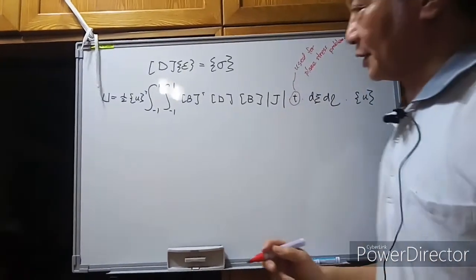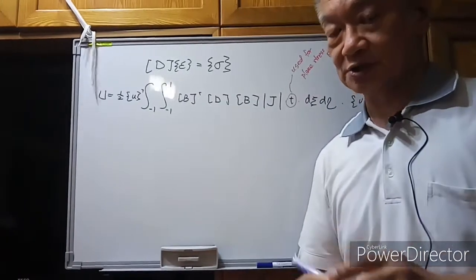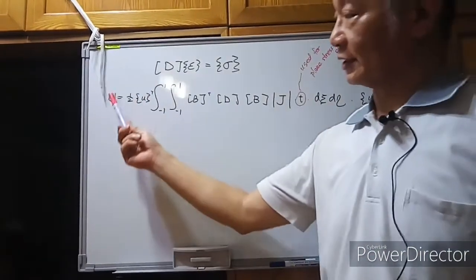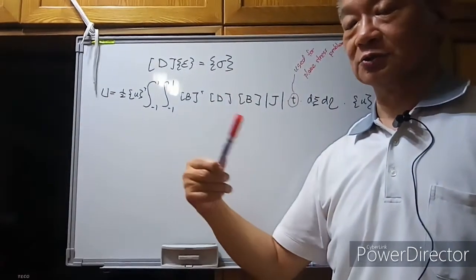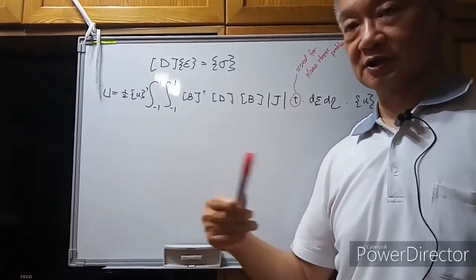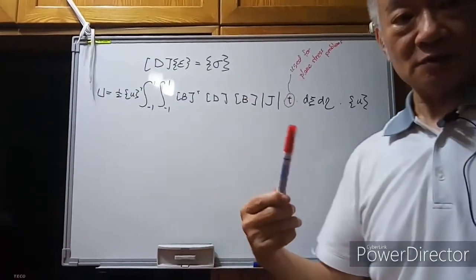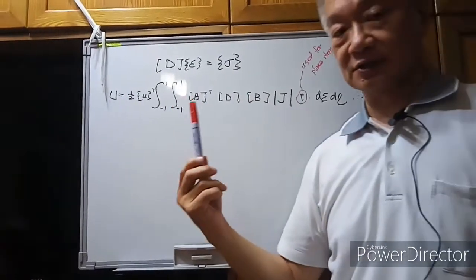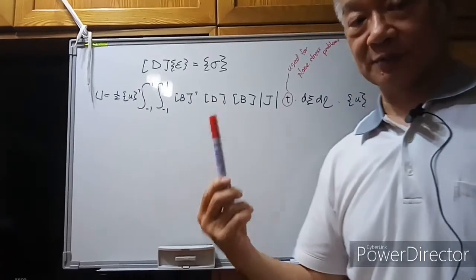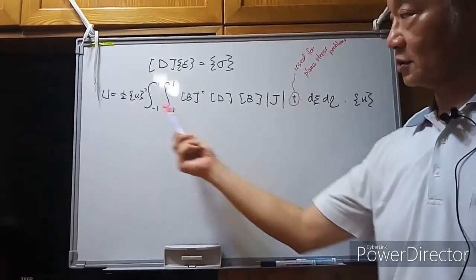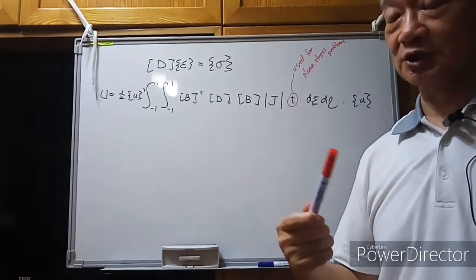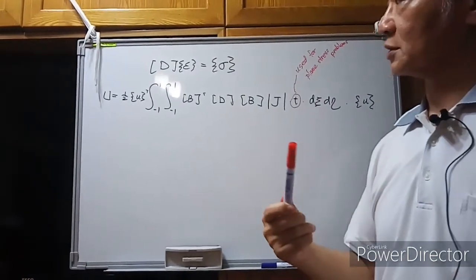So when we calculate the strain energy of the plane strain problems, remember, whenever we calculate the strain energy, we need to integrate over the entire volume. Even in this derivation, we consider the strain energy for a typical element. So that's the strain energy for only one element. It is not the strain energy for the entire structure.